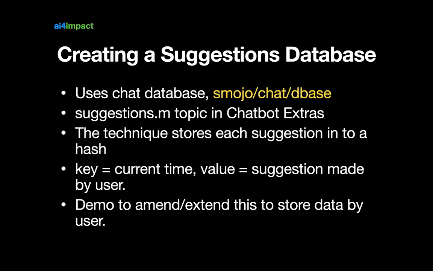So you need to know how to store keys and values, and how to retrieve them. That is outside the scope of what I'm going to do today. I would recommend that you do the Smojo basic tutorial that you have in your IDE. It covers this and a lot of other topics you need to know if you want to develop more of these advanced type bots, which can do more stuff.